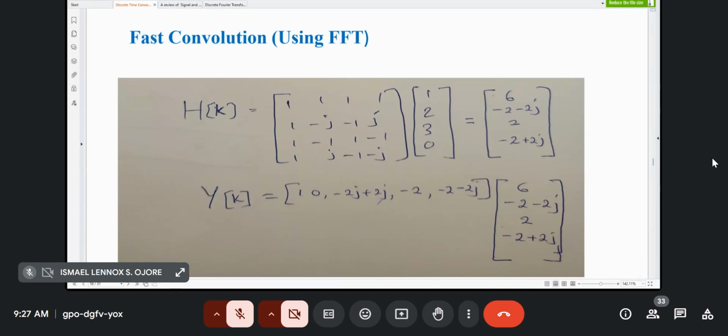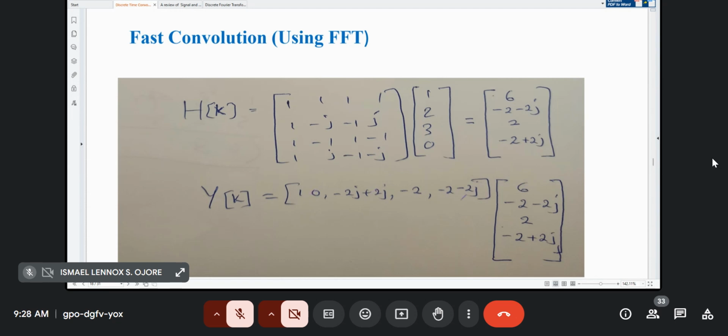So you're going to get this. And Y of k is simply multiplying this. The way I've written it is not correct, because it might mean that you are adding all this. Actually, it's supposed to be direct multiplication. You multiply this and this, it gives you the first one.